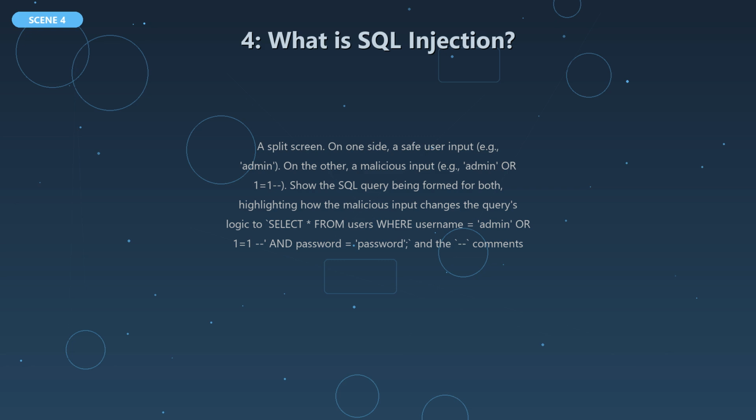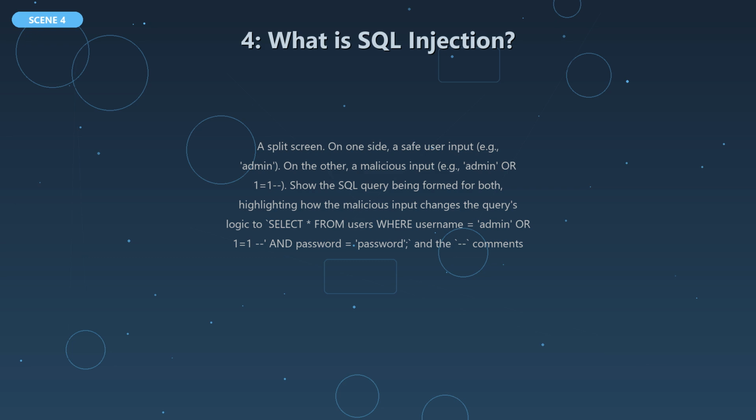The primary goals of an SQL injection attack are diverse and highly damaging. An attacker might aim to bypass authentication, logging in as an administrator without credentials. They could retrieve sensitive data from the database, such as usernames, passwords, credit card numbers, or proprietary business information.